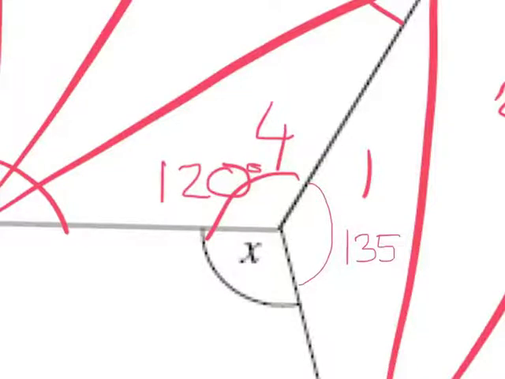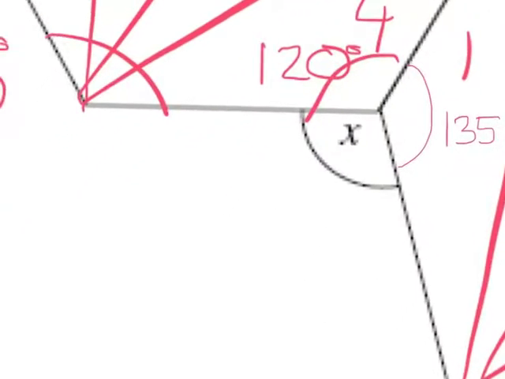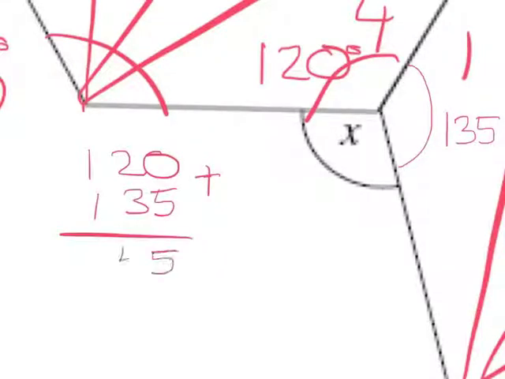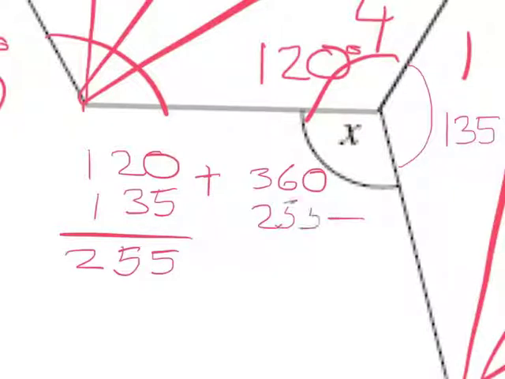At a point, the angles add up to 360. So we're going to add together 120 and 135, which equals 255. We take that number away from 360, and that gives us 105 degrees, which is the value of our X.